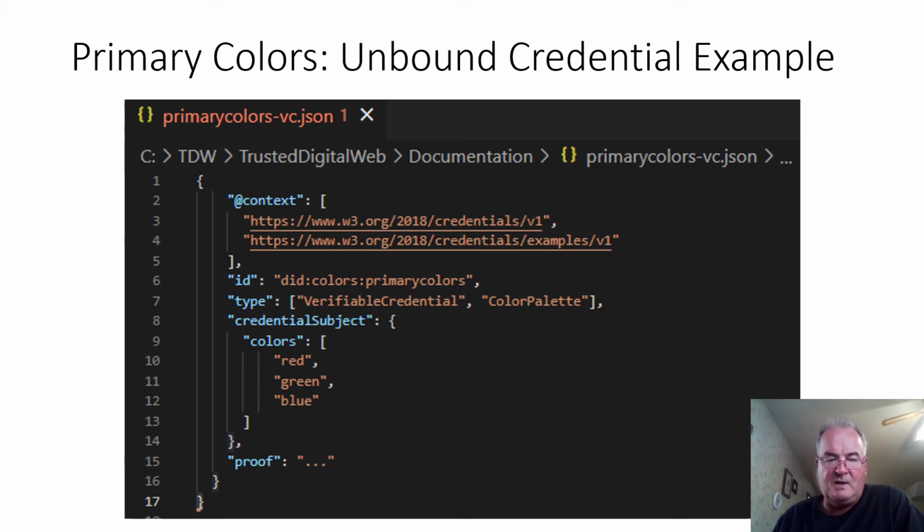The value of the colors name value pair is an array. So we've got red, green, and blue corresponding to the primary colors. And then at the bottom, I've kind of left it out here on purpose, but for a credential to be verifiable, you need a proof. And we see that at the bottom.